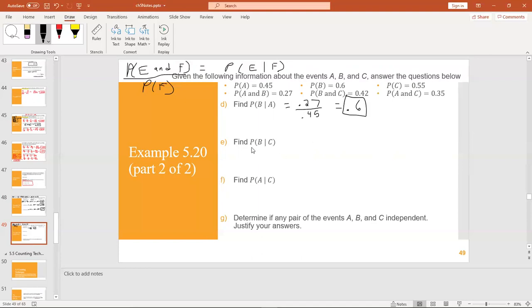Next, probability of B given C. So we need to do B and C together, which is this one, 0.42. That needs to get divided by the probability of C. So the probability of C is 0.55. So what is 0.42 divided by 0.55? That is 0.76.